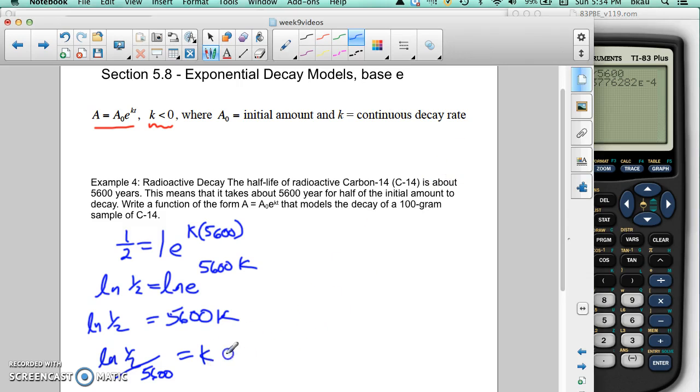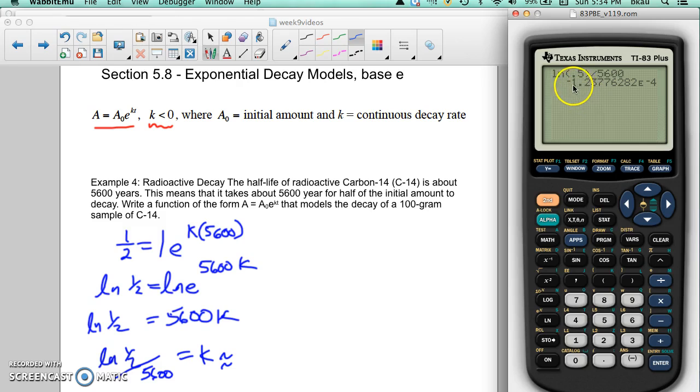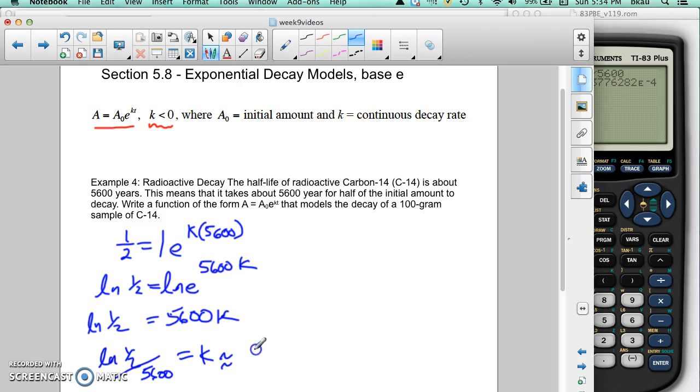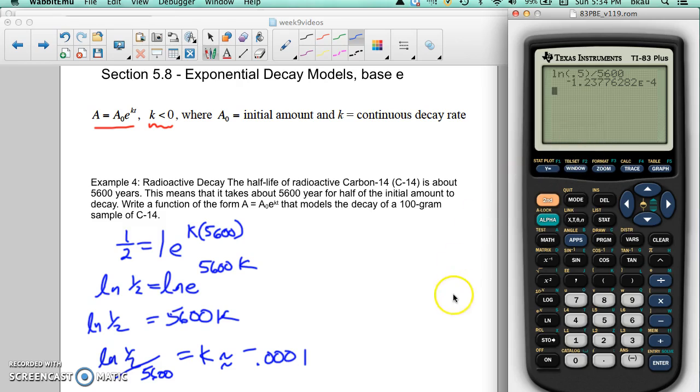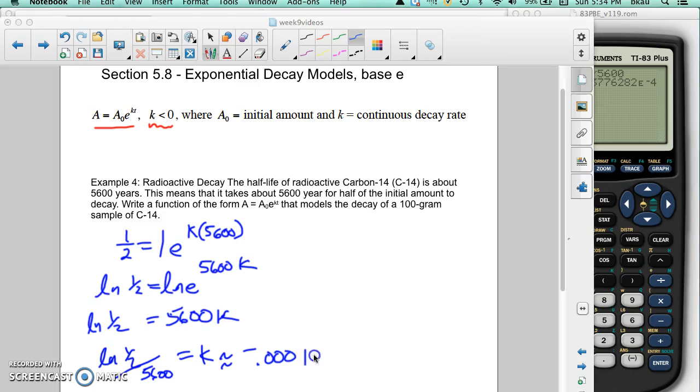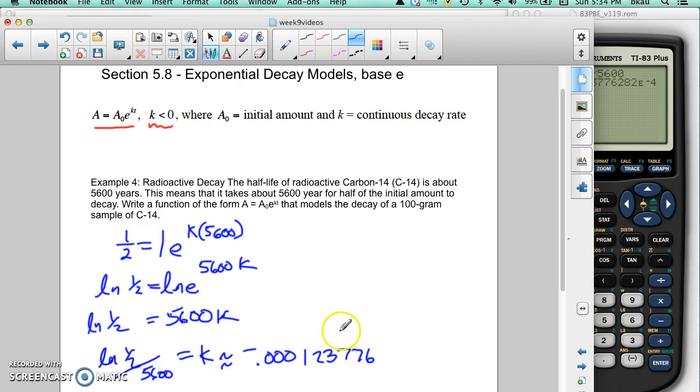So my k value, if I move it back 4 places, is going to have 3 zeros in front of it. It's going to be negative 0.000123776. We kept a lot of decimal places there for k.